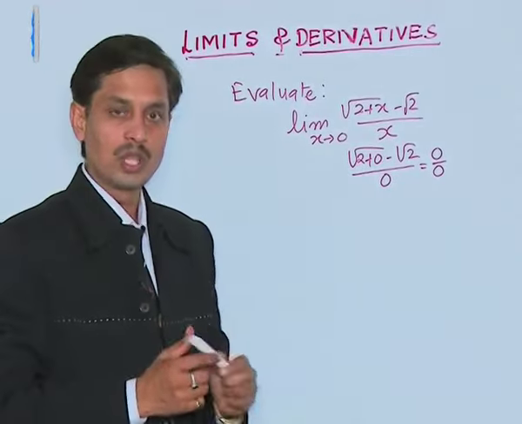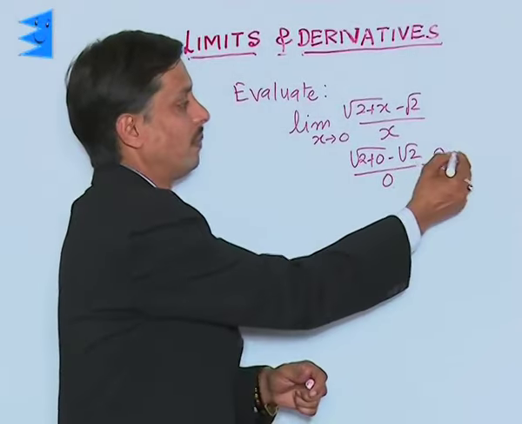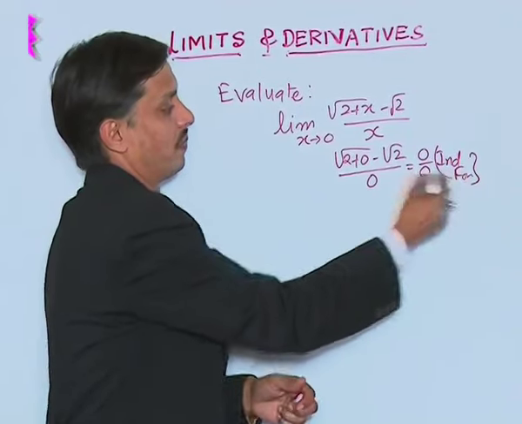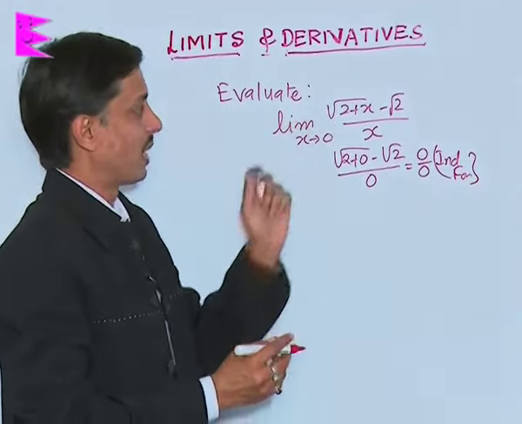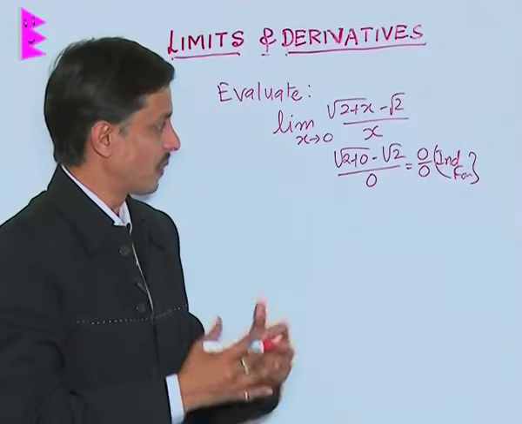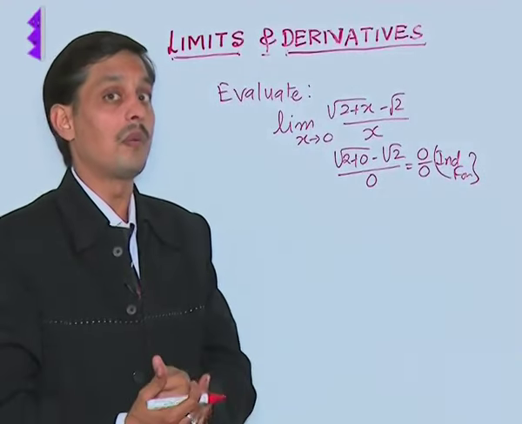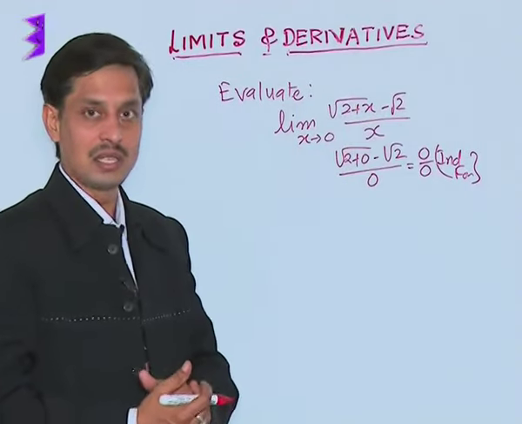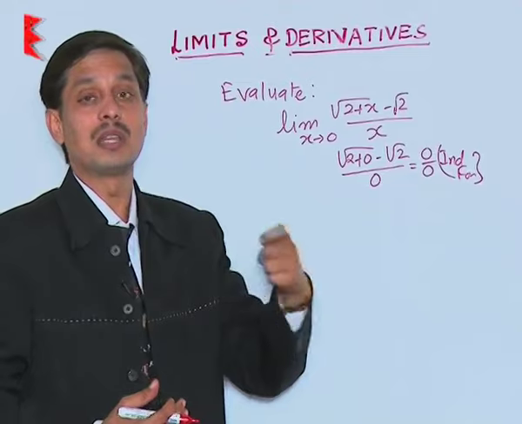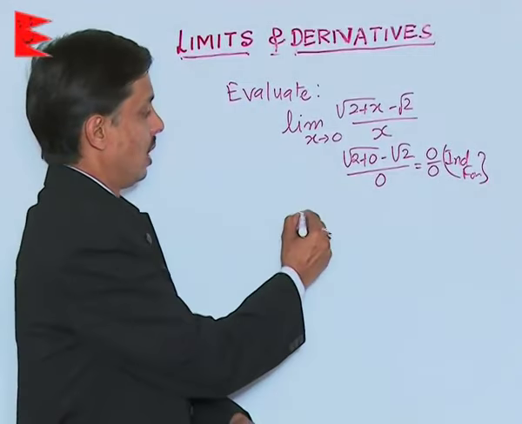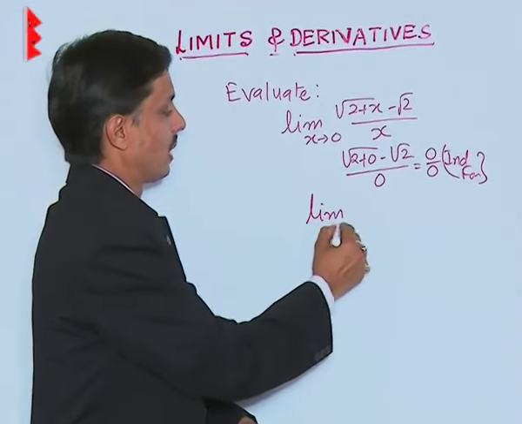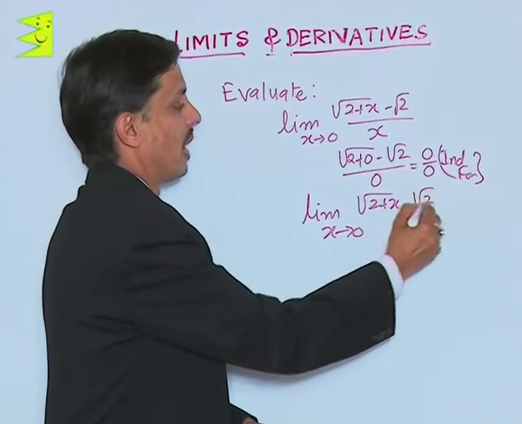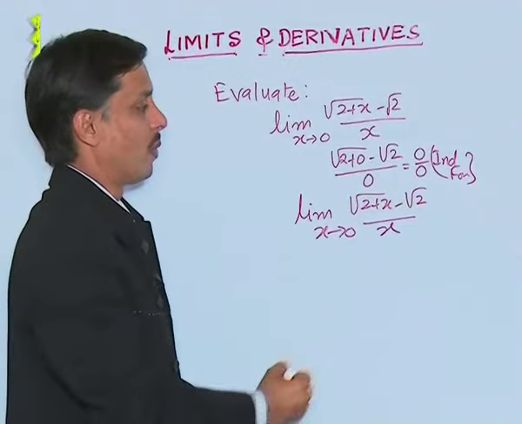Now, if a question comes in the indeterminate form, factorization is definitely not possible, and before going for the left limit or right limit, we need to check whether it can be rationalized and what the answer will be after rationalization. That will be limit x tending to 0, (root of (2 plus x) minus root of 2) upon x.